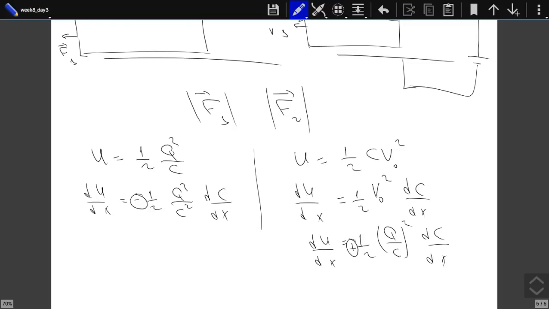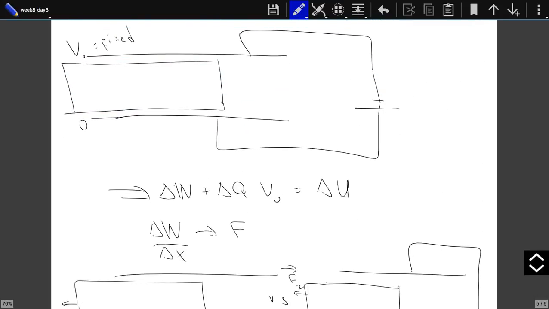So as you see, keep in mind dU by dx in these two cases. In the first case, dU by dx is equal to the force. If we are not connecting it to a battery, delta Q is 0. So delta U is directly equal to the work we have done, and if we divide delta U by delta X, we obtain directly the force.